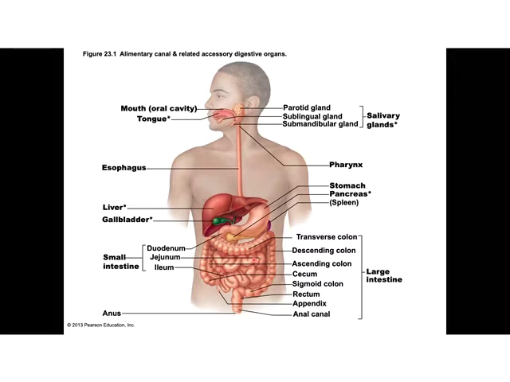And then by the time we get to the end of the ileum, we have removed all the nutrients that we need, and all we have are waste products that are going to pass through something called the ileocecal valve into the cecum, from the cecum to the ascending colon, to the transverse colon, to the descending, and then to the sigmoid colon, and then out the rectum and the anus.